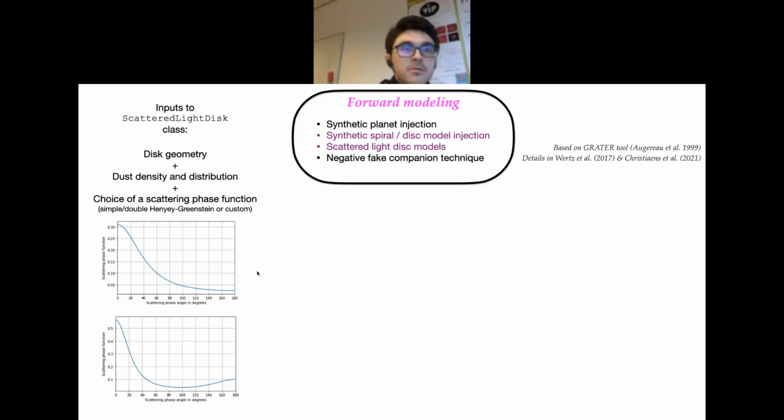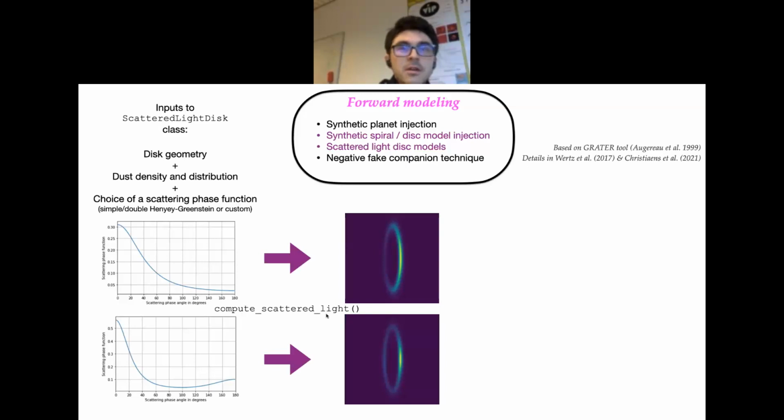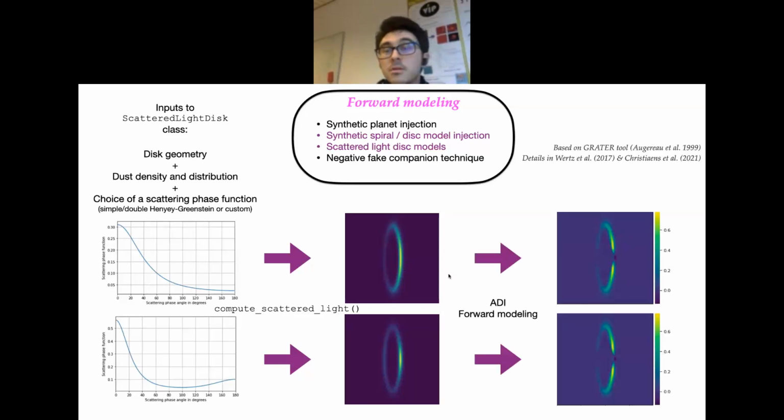From there, you can use the compute scattered light routine, and it will output an image that corresponds to the chosen geometry, in this case a very inclined disk, with a distribution corresponding to a thin ring. From there, you can apply different post-processing algorithms to do forward modeling and see what kind of geometric biases you end up with, and you can compare that to your observations.